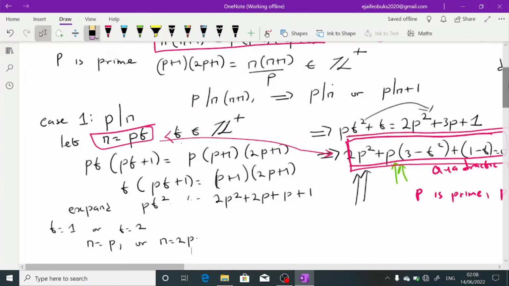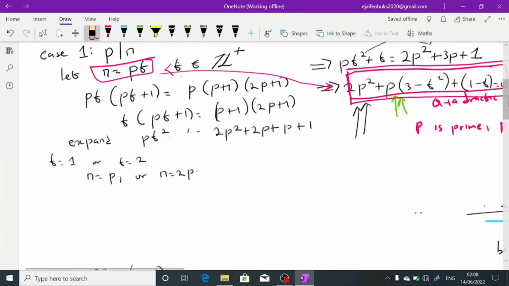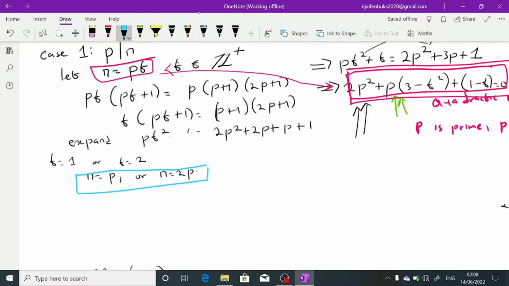So either n is equals to p or n is equals to 2p. So this is one. There should be many ways to finish up here, but let's just use this equation in pink. Let's use this. So you can say something like sub case 1.